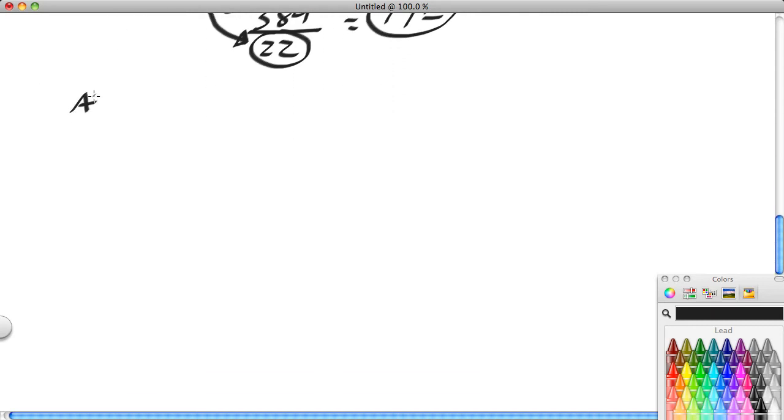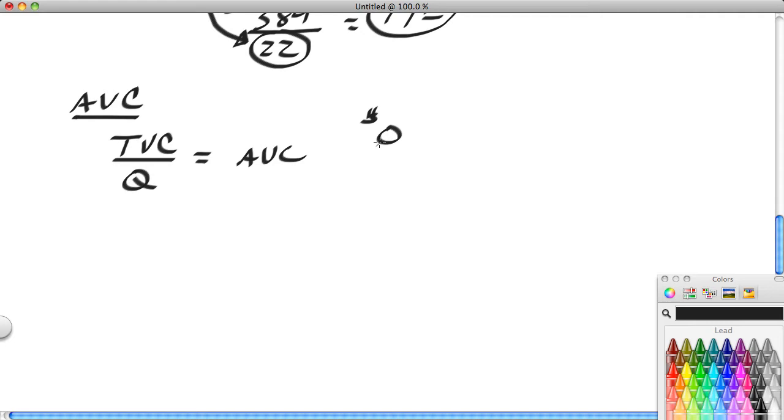Average fixed cost. Now let's go to average variable cost. Again, take any total, in this case TVC, divide it by Q, and you're going to get the corresponding average, AVC. So if we take total variable cost of 0 and we divide it by 0, we get 0? No, absolutely not. That's undefined.